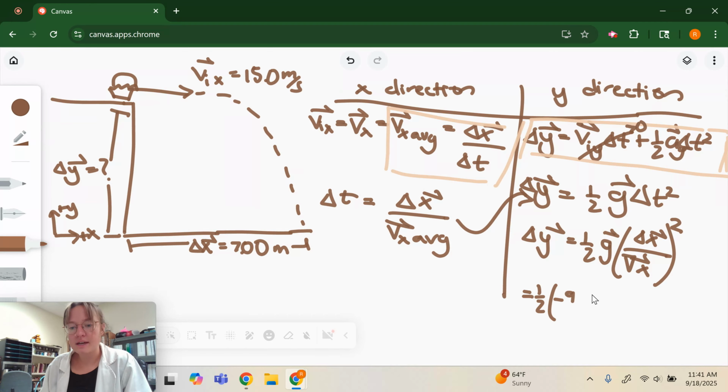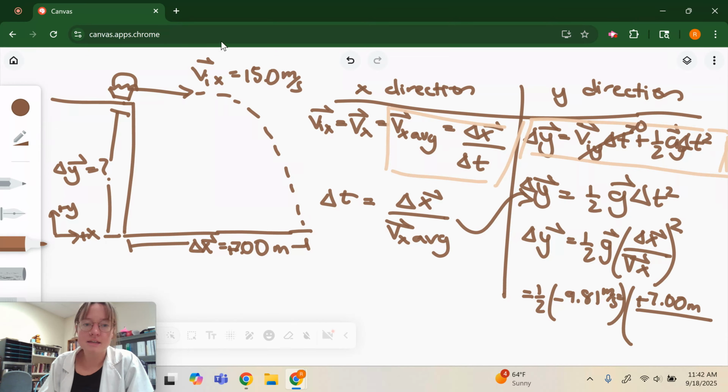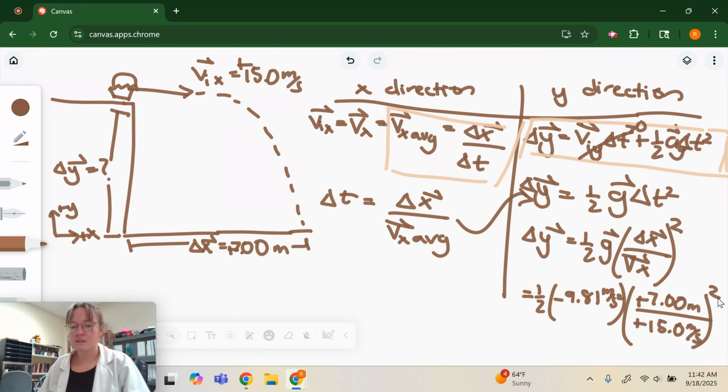So negative 9.81 meters per second squared times my displacement, which is going to be positive, don't forget your signs, positive 7.00 meters, divided by, once again, don't forget your signs, positive 1.50 meters per second. All of that gets squared. Go ahead and type it into your calculator. I don't know it yet because I just came up with these numbers just now.